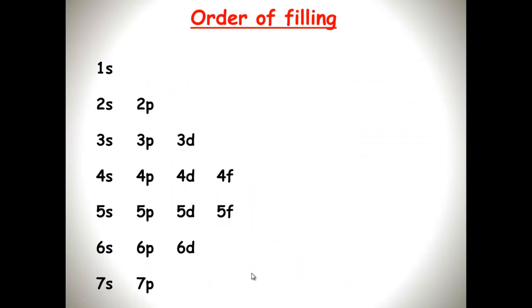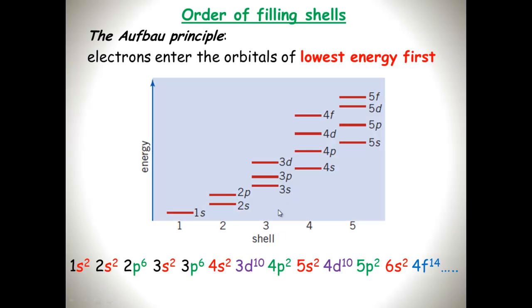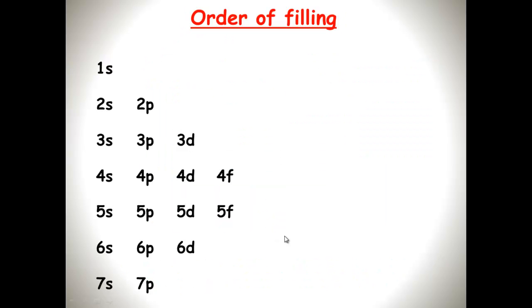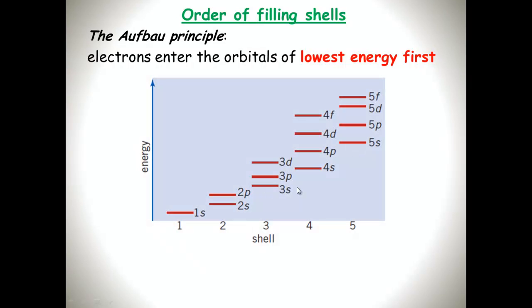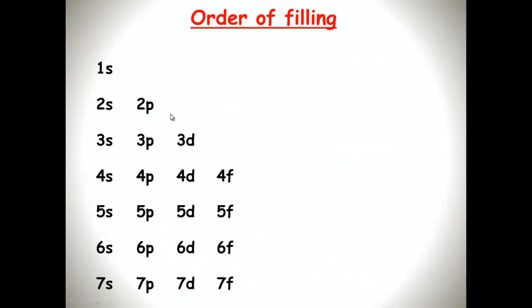How do you work out the order of these filling up? You don't need to memorize this diagram on this page. There's an easy, simple way of doing it, and this is the way that I do it.